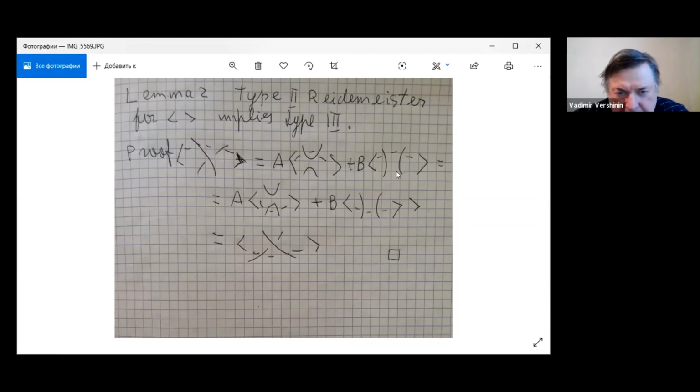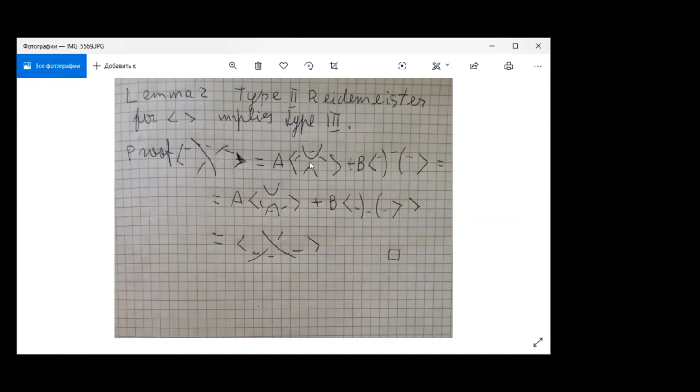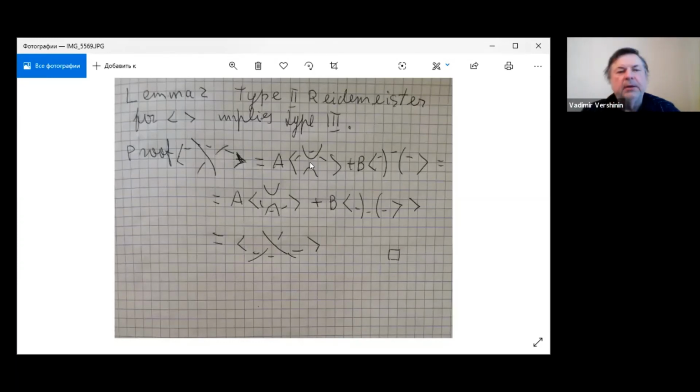Here, no problem. Here, Reidemeister 2. You see? We used two times Reidemeister moves of type 2. Right, exactly. First one we put, absolutely, Tatiana. So first time we put it here.